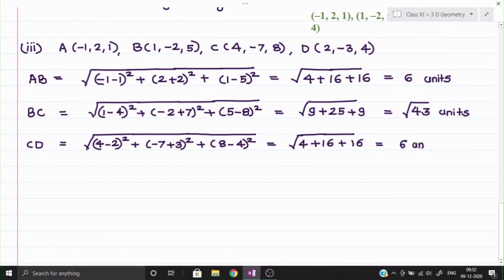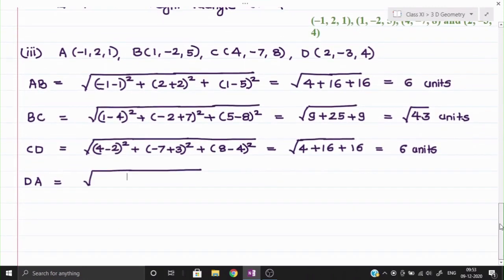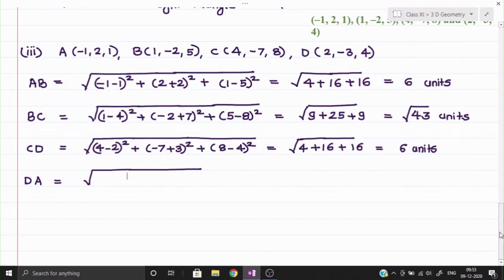Now let us find out the fourth and last value. That will be DA. Okay, first, now see here what D and A are given to us. From D, I am subtracting the coordinate of A. So 2 minus minus 1. This will be (2 + 1) whole power 2.